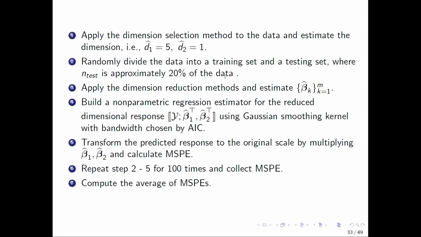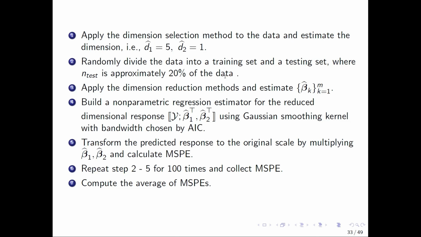Based on that fitted model, we generate the prediction for the low dimensional response on the testing set. Then I multiply by the estimated beta 1 hat and beta 2 hat from the training set to transform it back to the original scale, compare it with the actual testing response, and calculate the MSPE.